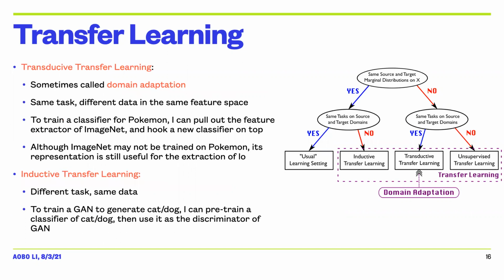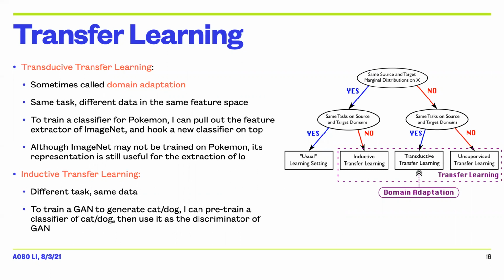There are two types of transfer learning. The first type is called transductive transfer learning, and it's also sometimes called domain adaptation. The idea is that you have the same task, for example, classification, but you have different data in the same feature space.